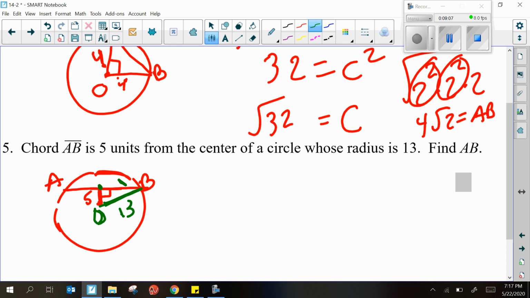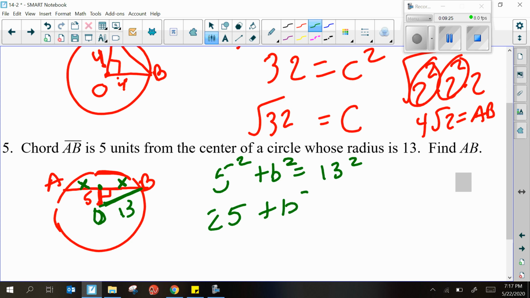So whatever I have for this right triangle is going to be the same distance. I can use the Pythagorean theorem, or maybe I just know what this is. I have my leg squared plus my unknown leg squared equals 13 squared. So 25 plus b squared equals 169. Subtract 25.